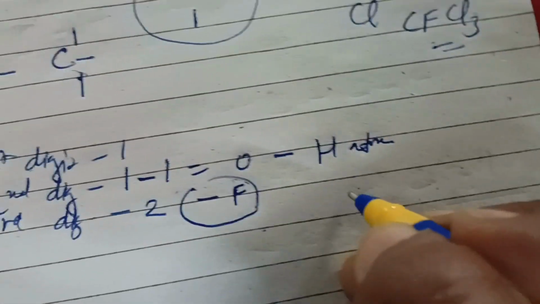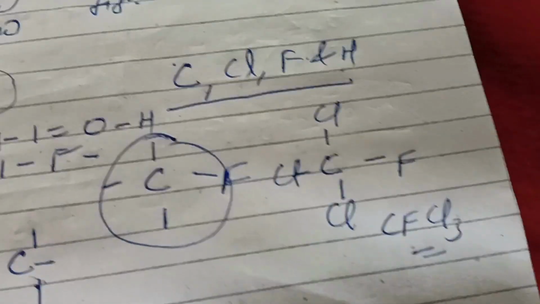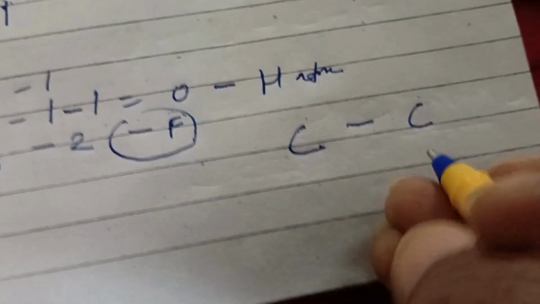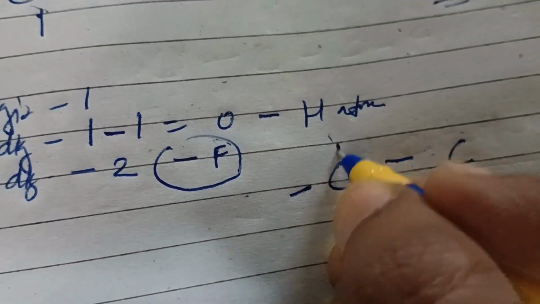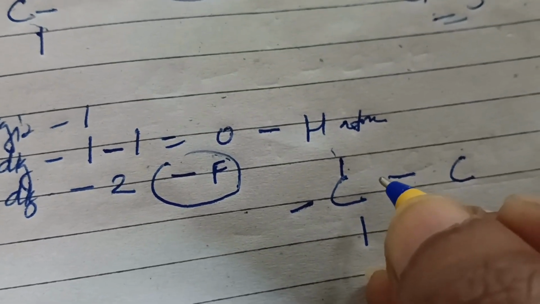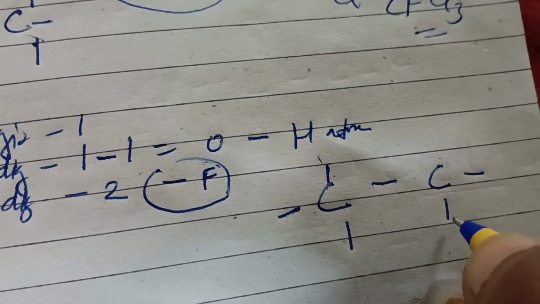So now we can do the carbon bond representation. As it is an ethane-based refrigerant, we know the general formula is C2. So 2 carbons will always come, and each carbon atom has a valency of 4, so 4 atoms of similar or dissimilar elements will occupy the bonds. We will always write 2 carbon.